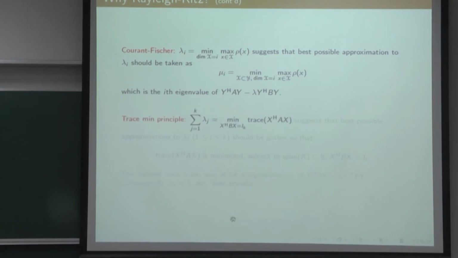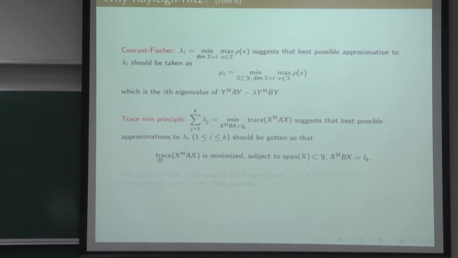The other way uses the trace min. The trace min says the sum of the smallest k eigenvalues equals the min over X with X transpose B X equal to identity of the trace. So to find approximations to the first k eigenvalues, we minimize this trace such that the column space of X is in the subspace Y. Again, with a little calculation, the minimum value of this trace turns out to be the sum of the eigenvalues of this pencil.